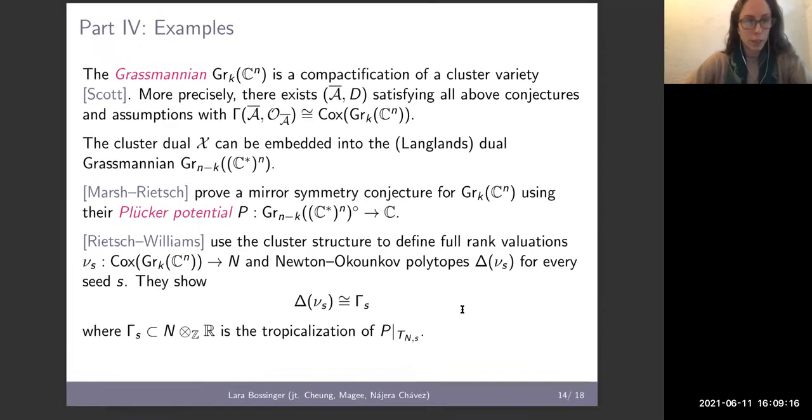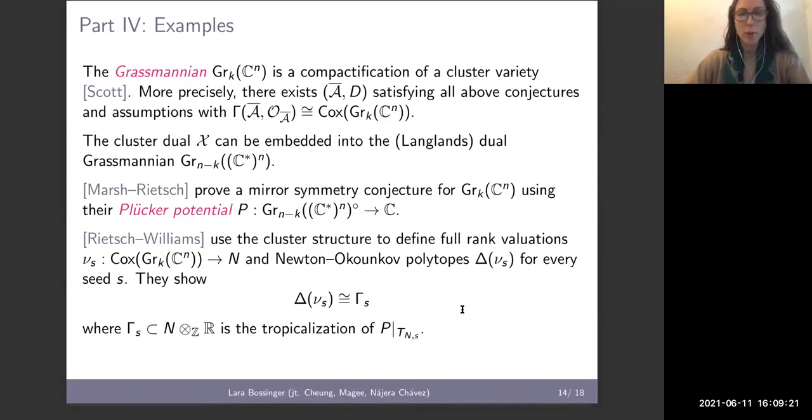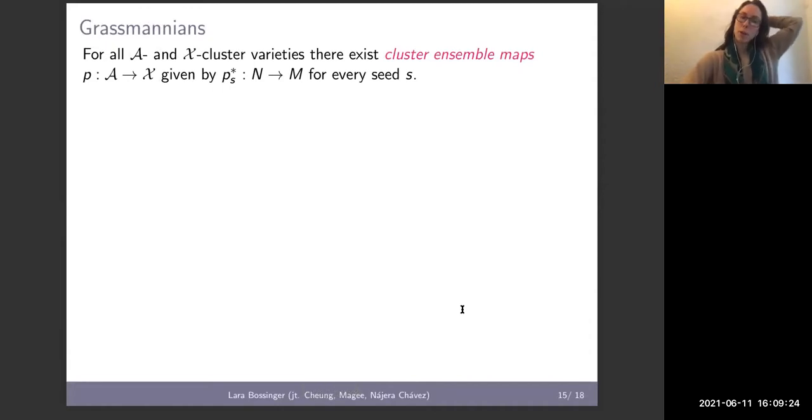So we wanted to understand this picture from the point of view of the GHKK program. To do that, I need to tell you about one more ingredient. These cluster varieties, with all of their duality, and essentially because of the skew-symmetric form I have on the lattice N, come with a whole family of maps from the A variety to the X variety. They are defined on a chart by the skew-symmetric form, only that you have a certain freedom to choose what this map should do for the frozen directions.